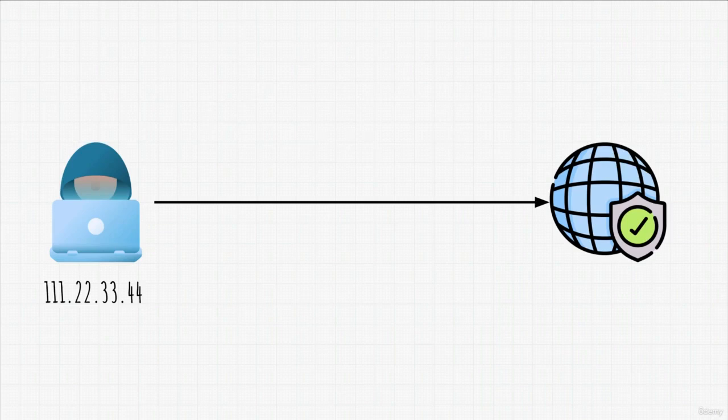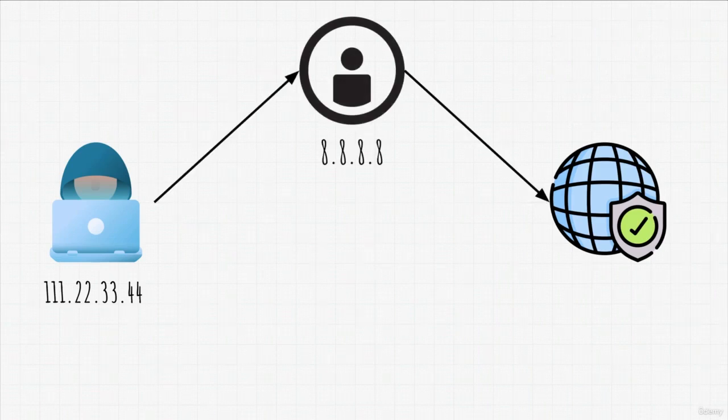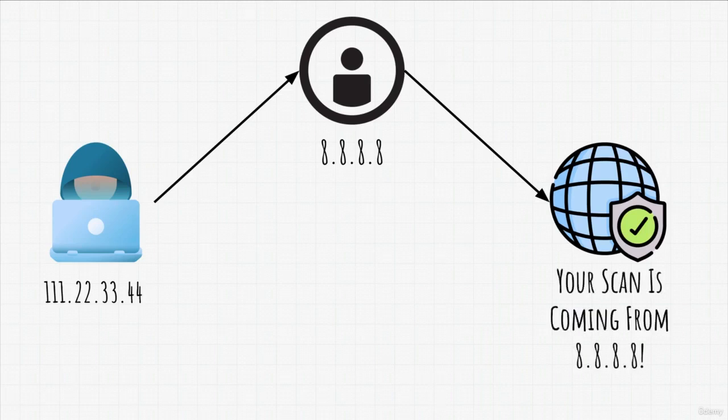The target would then know where these scans are coming from. But if we, for example, use something like a proxy, then our scans are not directly going to the target. Therefore, the target itself will think that our scans are coming from a different IP address, which will be the IP of our proxy or of our middle source.